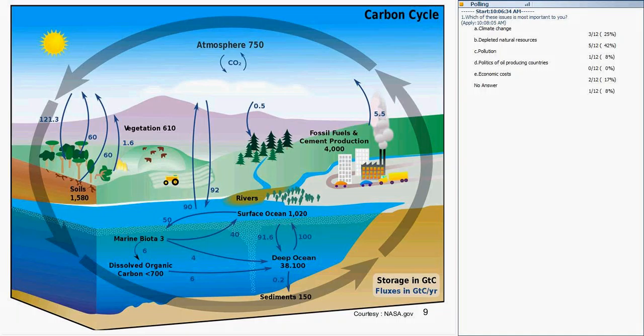Okay, here's the 30-second version of the carbon cycle. There's carbon dioxide, CO2, and methane, and all sorts of gases in the atmosphere. Trees absorb carbon dioxide. Through photosynthesis, basically, they take carbon dioxide and, using sunlight, convert it into sugar, which is basically how all life works on the planet.